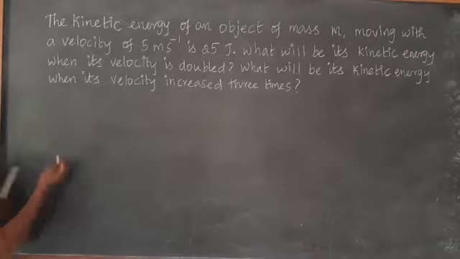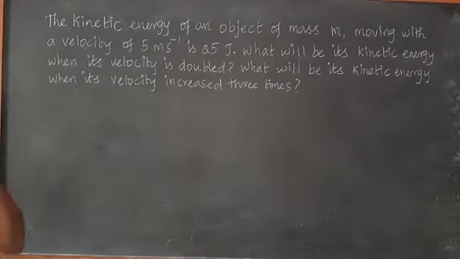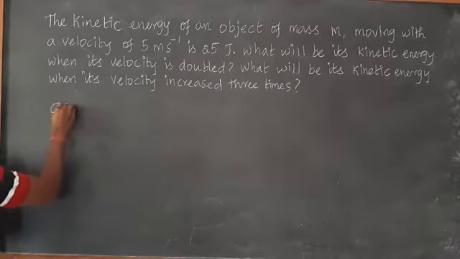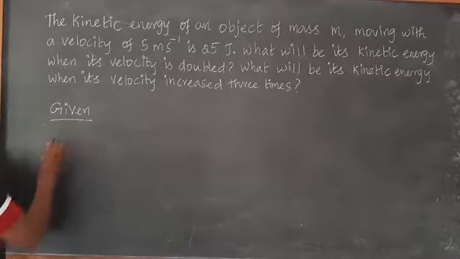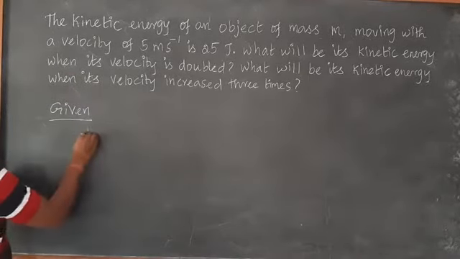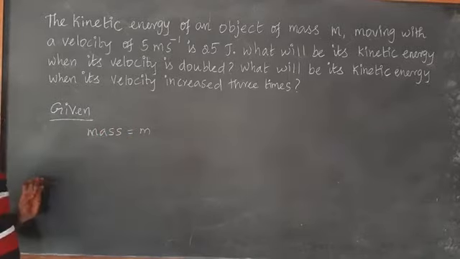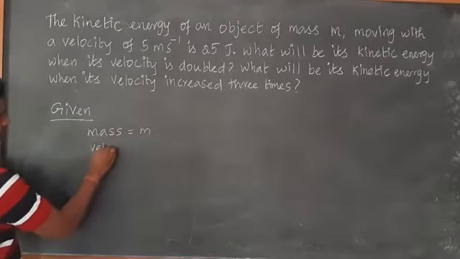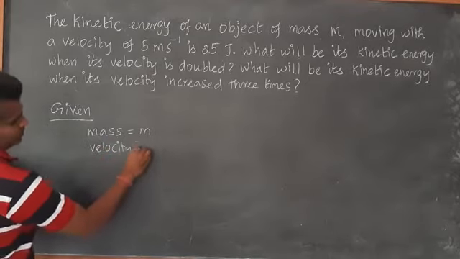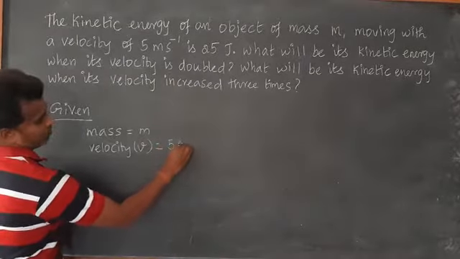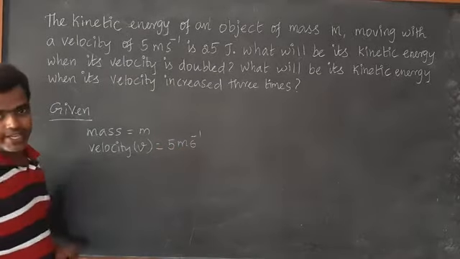So what is given? Mass is m and velocity v is 5 meters per second.